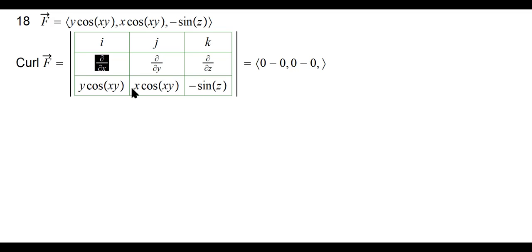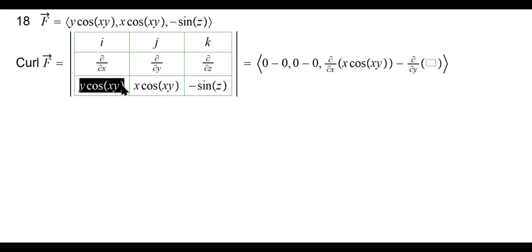So if I look at the derivative with respect to x of this, what shall we get? Well, let's just write it out. We don't have to do it verbally. Okay, so we are writing this, and then minus we have d/dy of y cosine of xy, right?